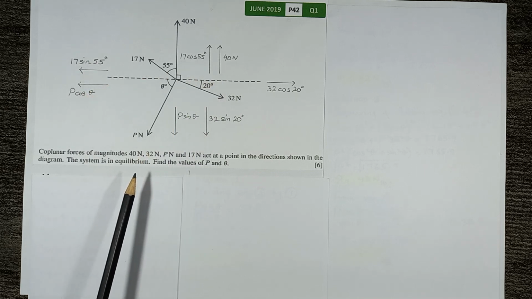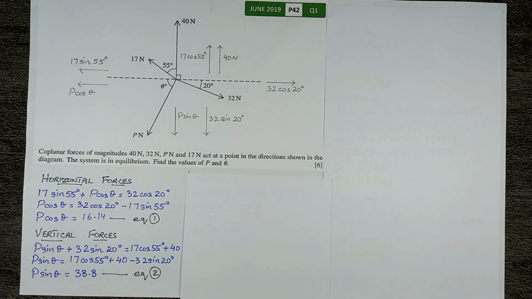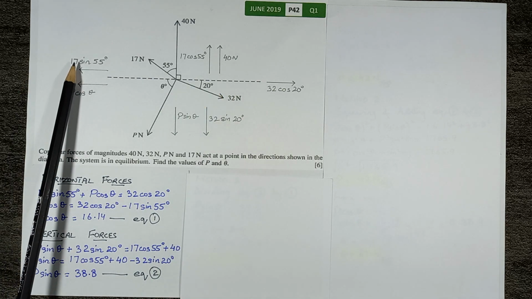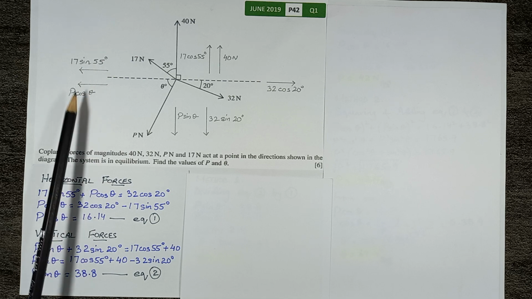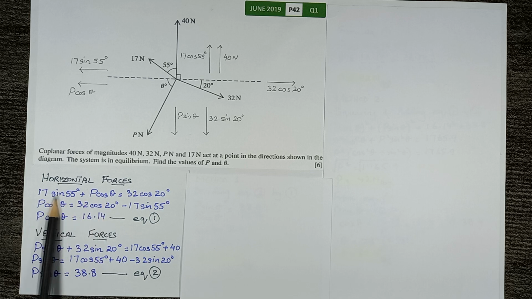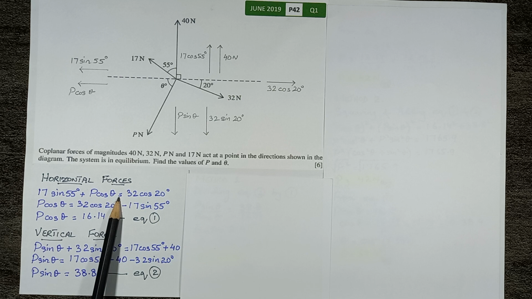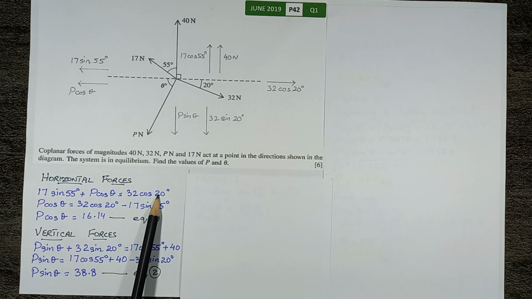The condition is an equilibrium condition, so we can simply go on with the process that the opposite forces are equal for both horizontal and vertical. So let us start with horizontal forces. We have over here 17 sin 55 plus P cos theta, because both are pointing in this direction. The sum of these two, 17 sin 55 plus P cos theta, would be equal to 32 cos 20, because it is in the opposite direction, because it is an equilibrium.